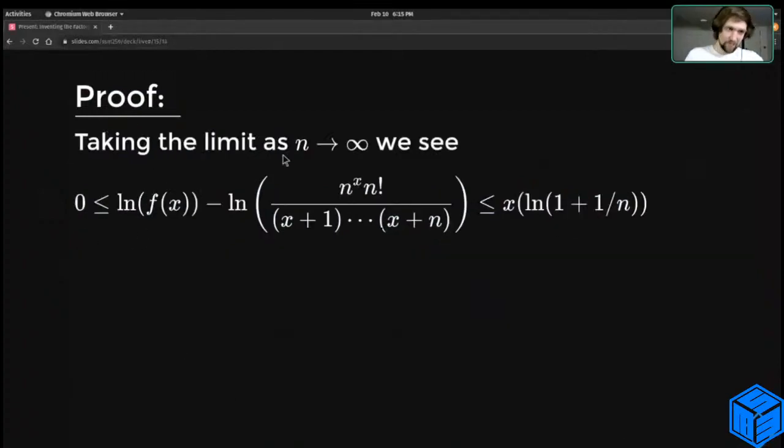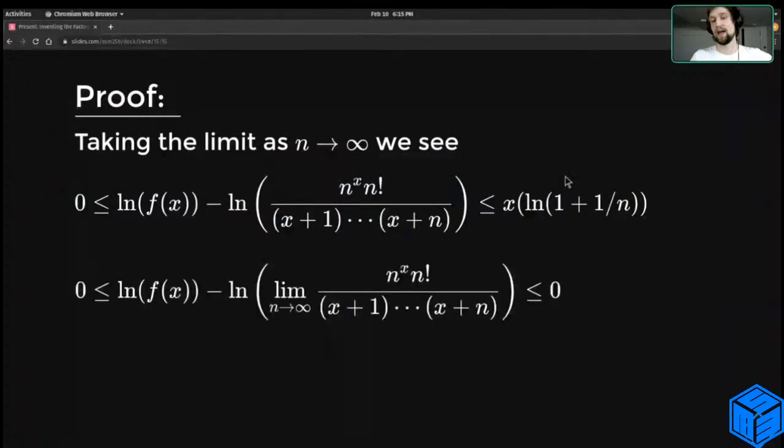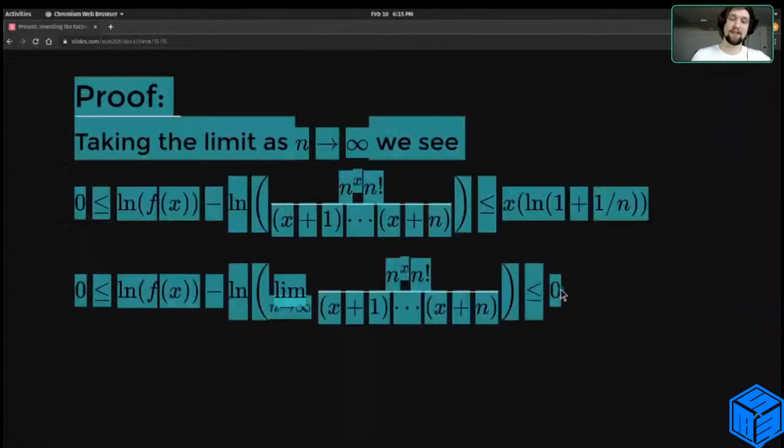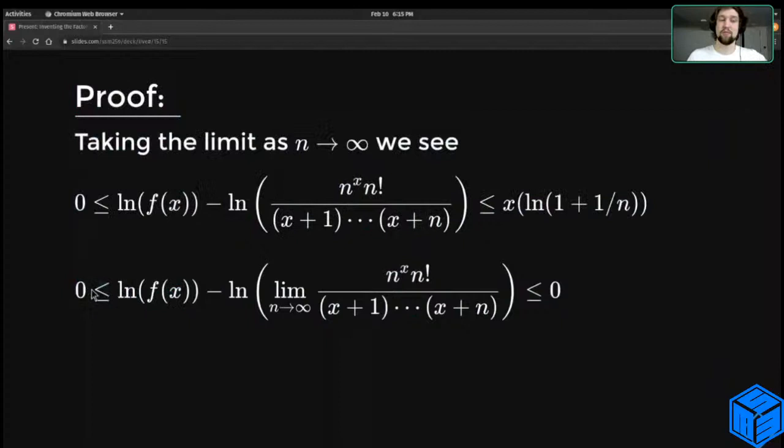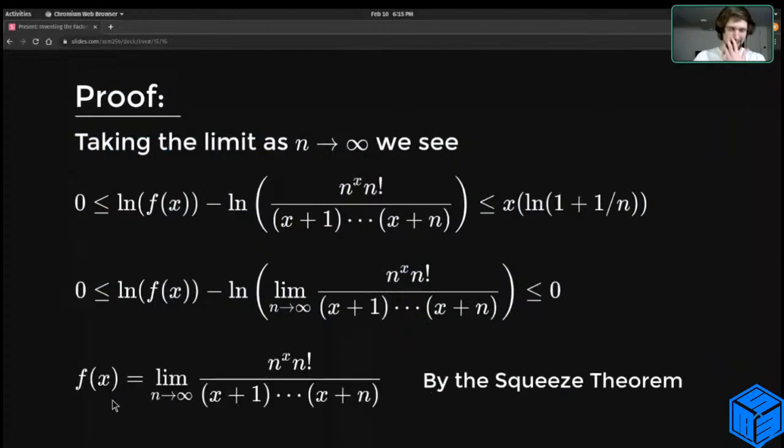So now, if we take the limit as n goes to infinity, we see this stuff on the right has 1 over 1 plus 1 over n, which goes to 0. And so we have this relationship where 0 is less than or equal to this difference, which is less than or equal to 0. And there's only one thing we can conclude at this point, which is that f equals what it's being subtracted by. And so we use something like the Squeeze Theorem to show this.